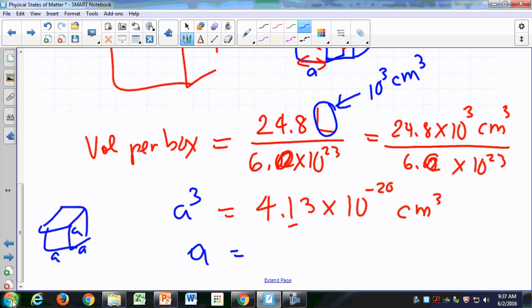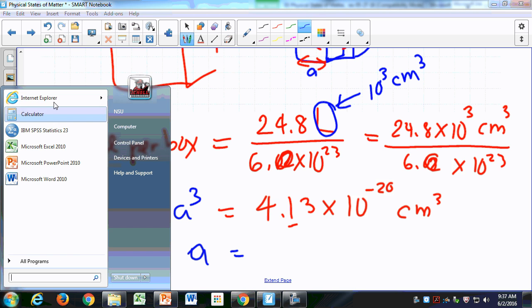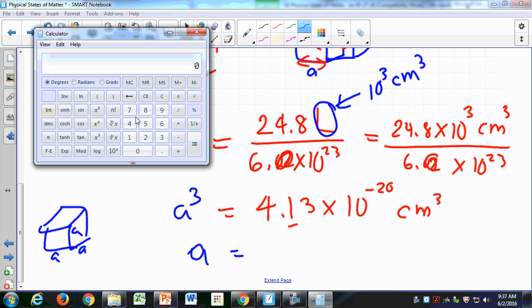So let's take the cube root. 4.13 times 10 to the negative 20. Is it negative 20? Yep. Negative, and raise it to the power 1/3. I've got a cube root button here, so that makes it easy.